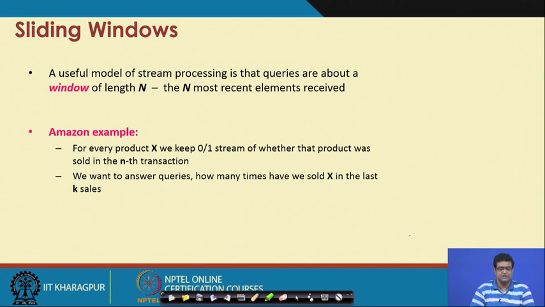For example, for every product X, suppose you are working for Amazon or any other internet retail company, we keep a 0-1 stream of whether the product was sold in the nth transaction or not.